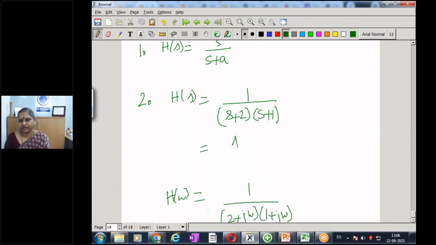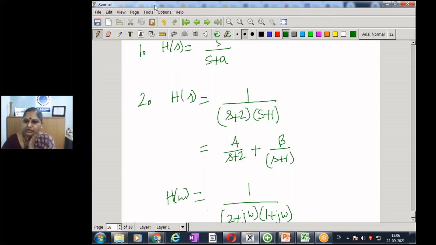This will be A by s plus 2 plus B by s plus 1, and then you will get the impulse response of this, impulse response of this. It's an addition. So add the impulse response of this and the impulse response of this, and then you will get the total impulse response. So you can try this specific problem for homework.